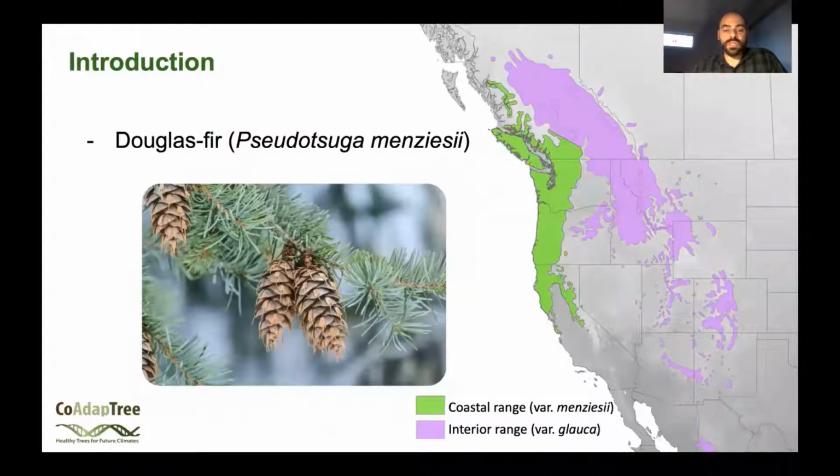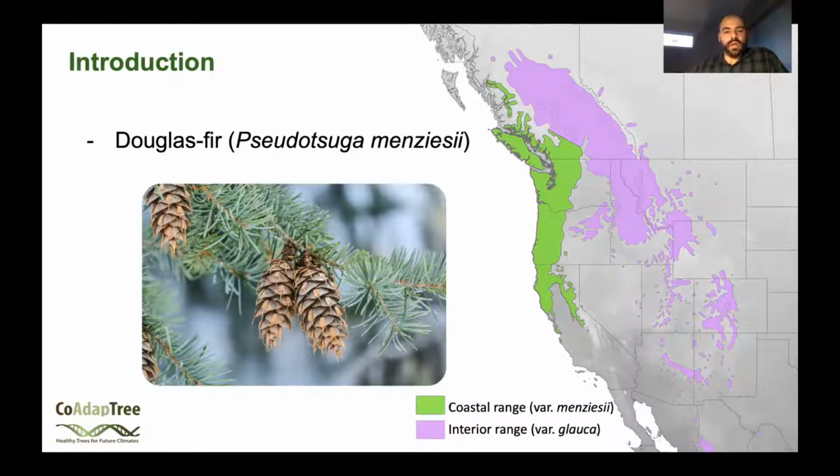Douglas-fir is a very important species in Western North America, ecologically and economically, but also in other parts of the world where it's planted. There is some evidence in the literature for local adaptation to drought in Douglas-fir. However, most of the studies were conducted with adult trees or saplings and focused basically on one specific region within the range of the species.